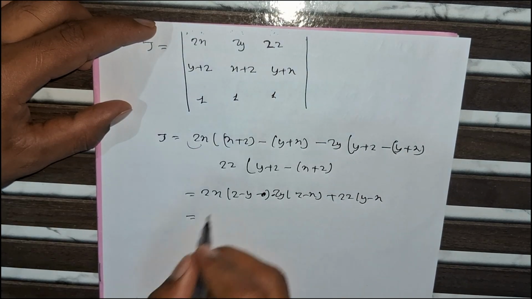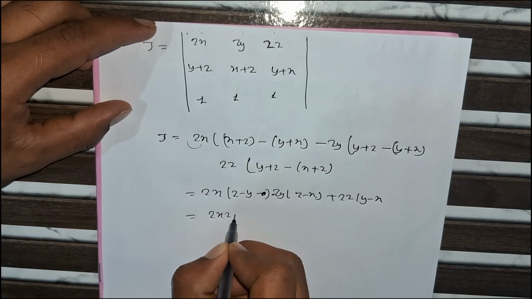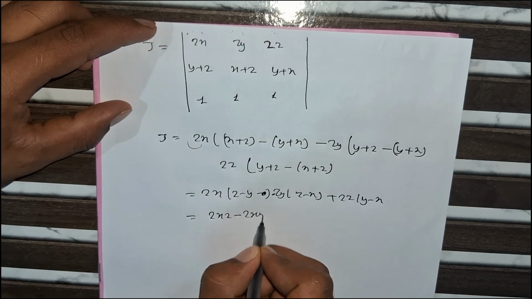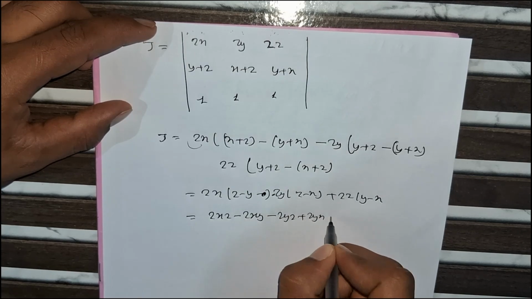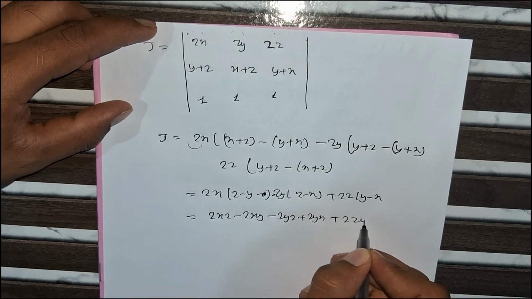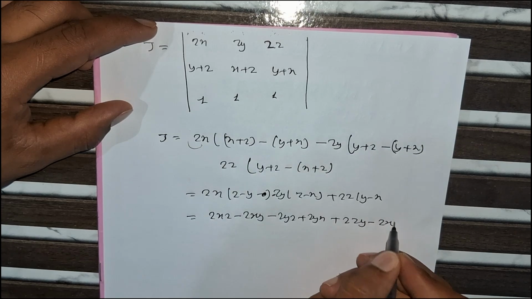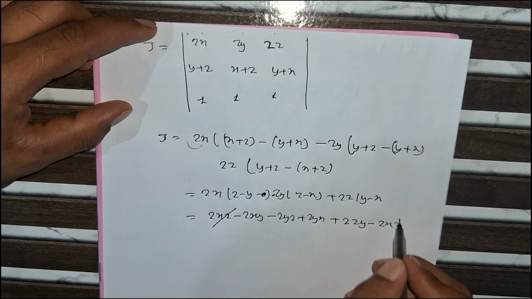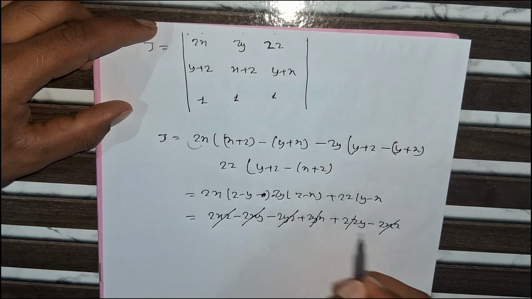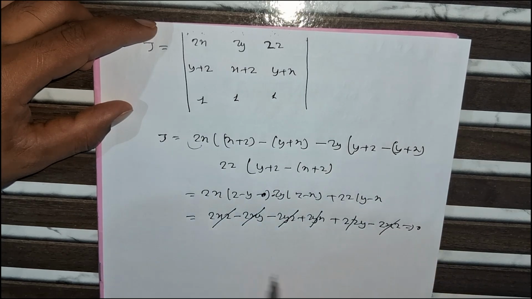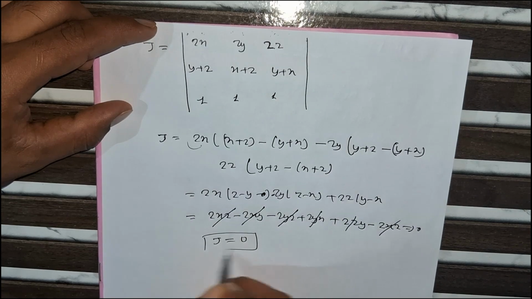So when you solve it, this is 2xz minus 2xy minus 2yz plus 2yx plus 2zy minus 2xz. So this will cancel out, this will cancel out, this will cancel out, which is equal to 0. So our Jacobian value is equal to 0. Thank you.